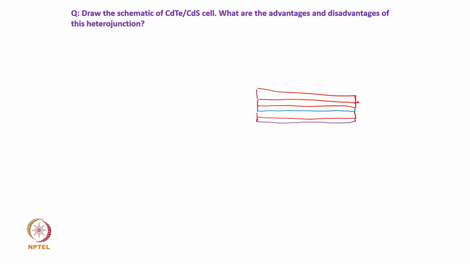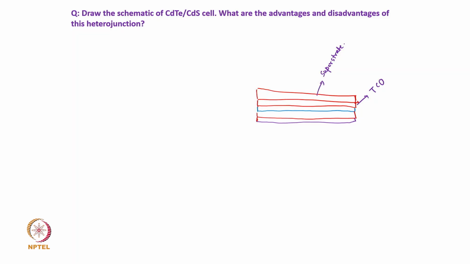I use multiple colors for the different layers. At the top we have the substrate or superstrate, and then we have a TCO layer.